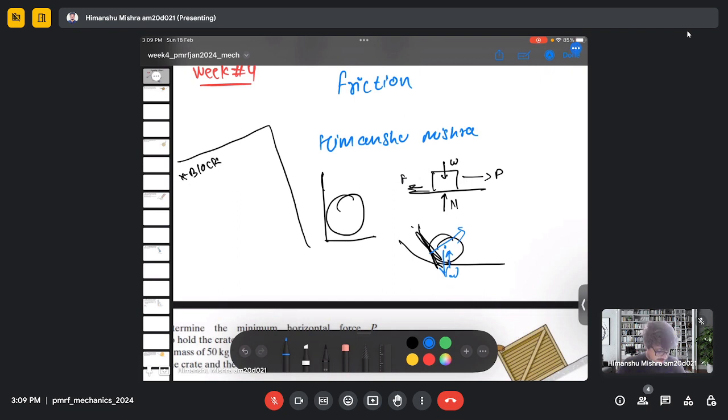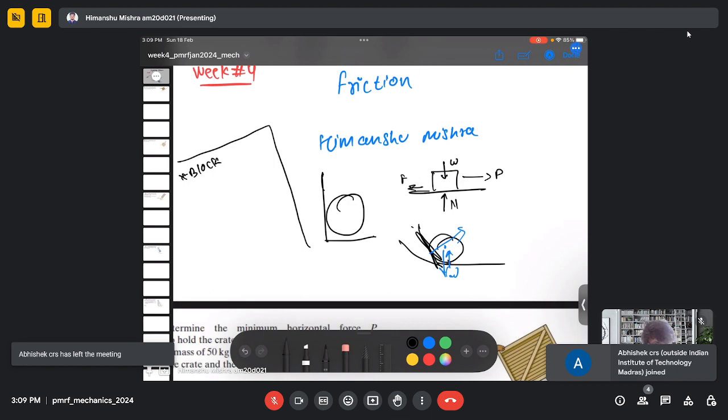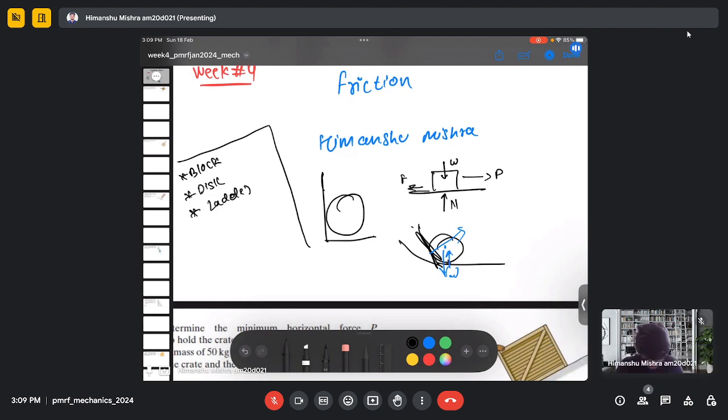Then there will be problems which are associated with the ladder ones.